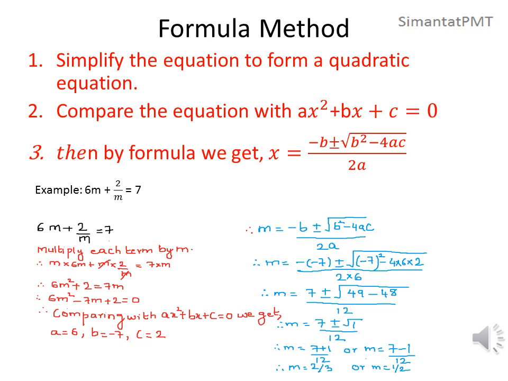So m equal to, minus into minus is plus, so we get 7 plus minus square root of 49 minus 48 upon 12. Therefore, m equal to 7 plus or minus square root of 1 upon 12. So we get m equal to 7 plus 1 upon 12 or m equal to 7 minus 1 upon 12. Therefore, m equal to 2 upon 3 or m equal to 1 upon 2.